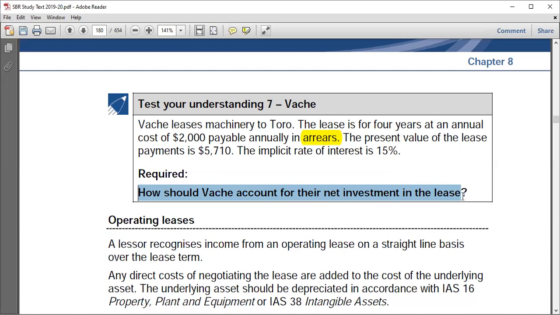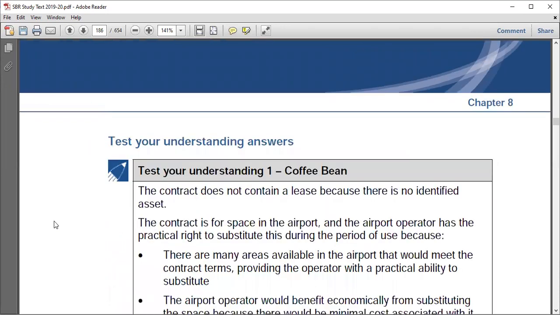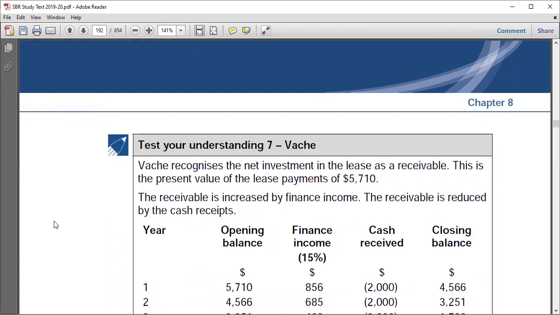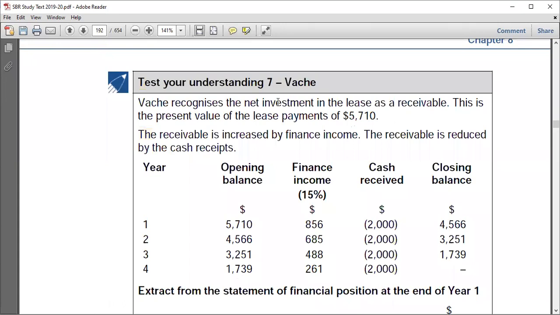All right. Now, as usual, let's go to number 7, test understanding. Test understanding number 7. Which recognizes the net investment in the lease as a receivable. Take a look here.